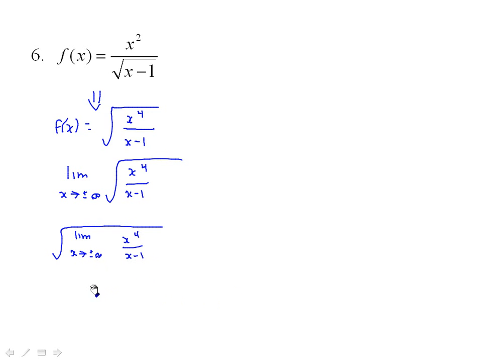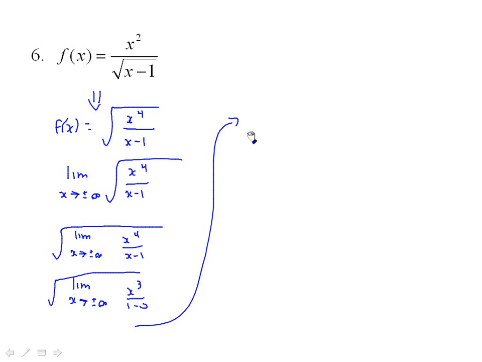Well, we divide by x, and so this becomes x to the 3 over 1 minus 0. And then we stop and think. This is going to be x to the 3 over 1, which is just x to the 3. So really this question is the limit as x increases or decreases without bounds, and then you can take the square root of this if you want.